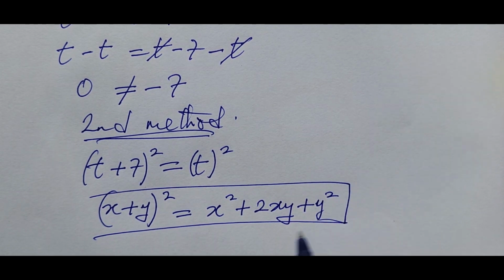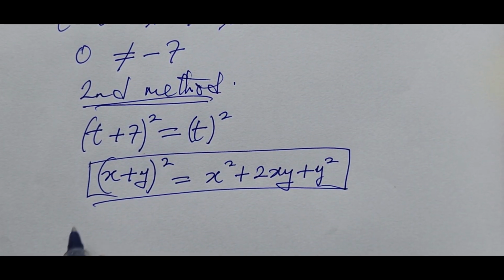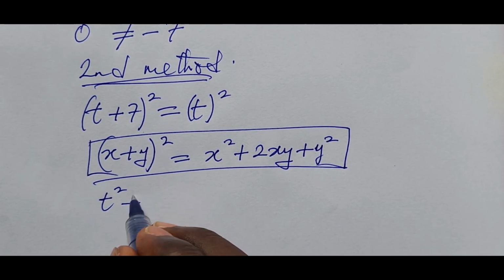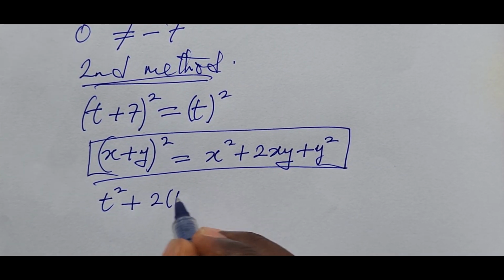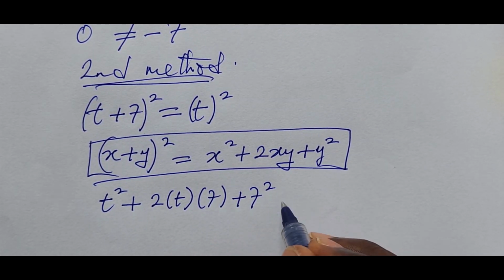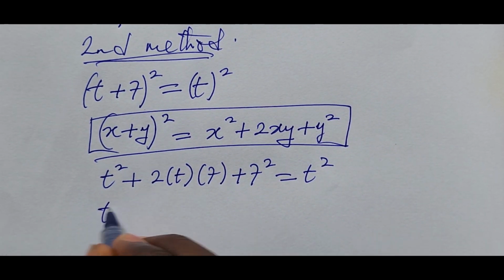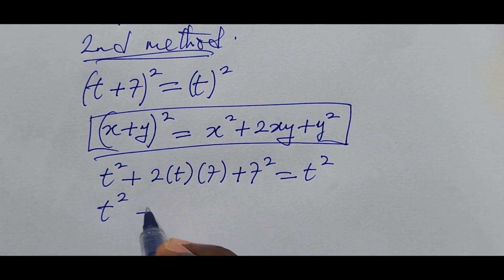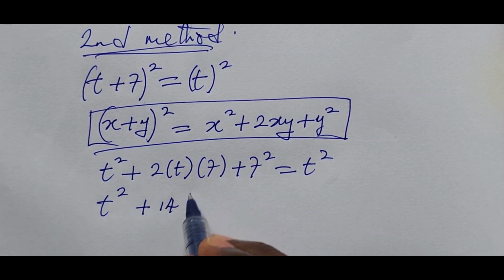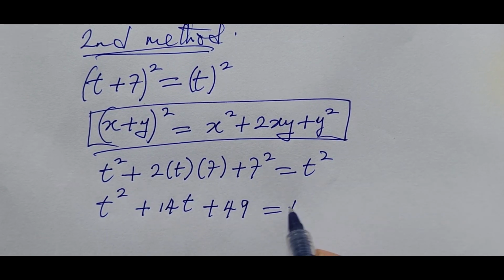If we follow this rule and we square this side of the equation, this is going to give us t squared plus 2 times t times 7 plus 7 squared equal to t to the power of 2. And simplifying this is going to give us t squared plus, multiplying everything by 2, 14t, then plus 49, equal to t squared.